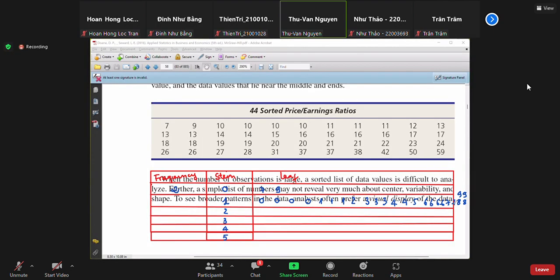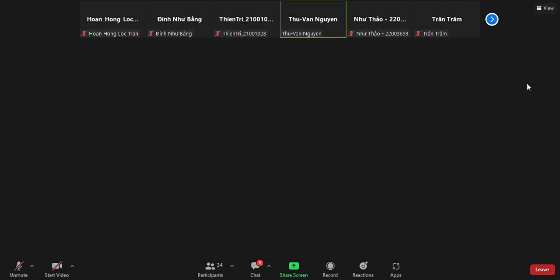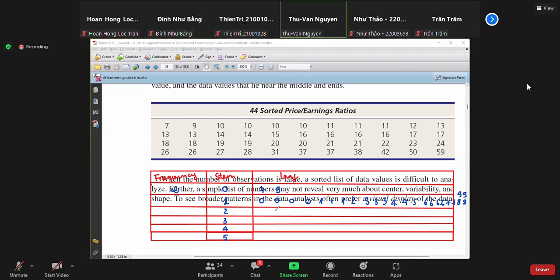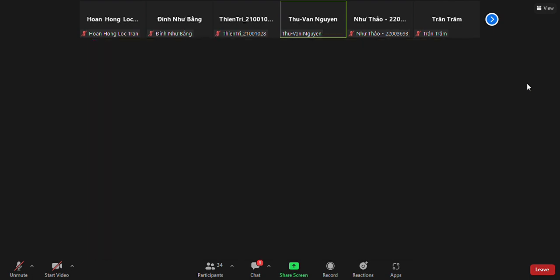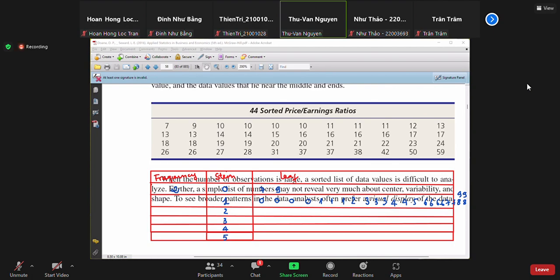Okay, so let's calculate how many numbers are in the leaf. 1, 2, 3, 4, 5, 6, 7, 8, 9, 10, 11, 12, 13, 14, 15, 16, 17, 18, 19, 20, 24. So you can write the frequency here.